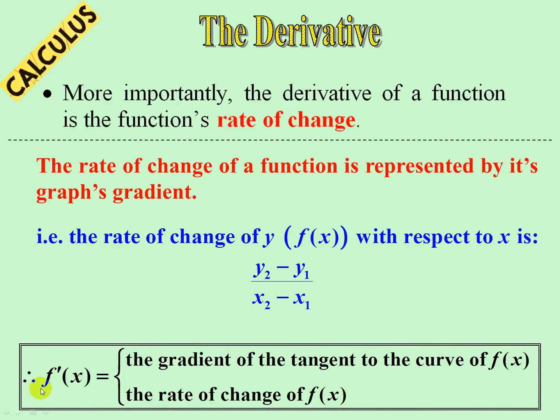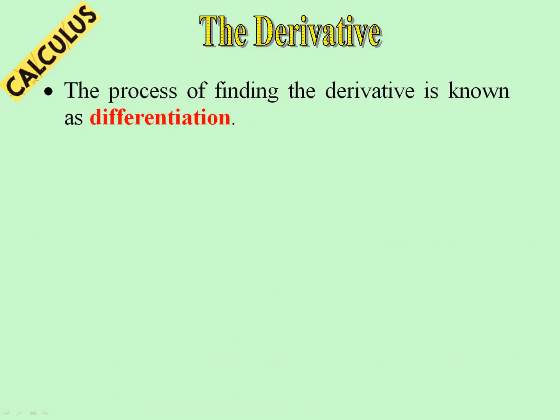So therefore f prime x, the derivative, is the gradient of the tangent to the curve, and it's also the rate of change of the curve at that point. And the process is called differentiation. So we differentiate to get the derivative.